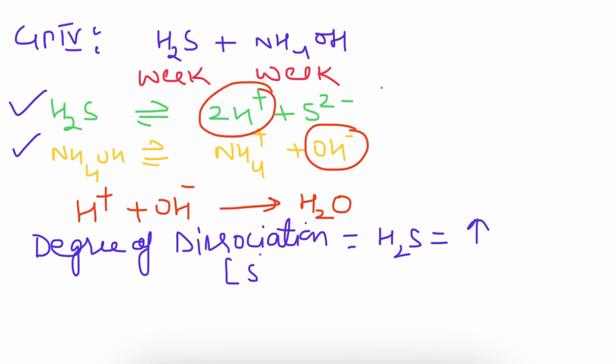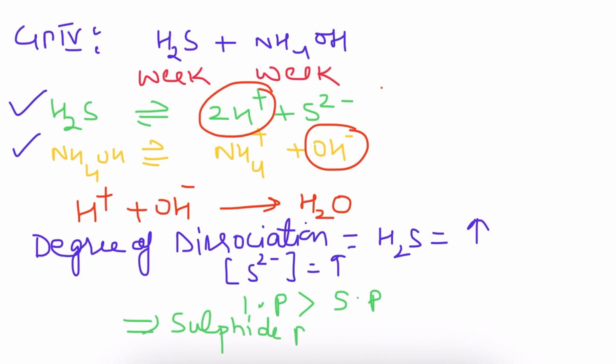This results in an increase in sulfide ion concentration. As the sulfide ion concentration required for group 4 radicals is more than that for group 2, in this case the ionic product, with the higher concentration of sulfide ion, is more than the solubility product, and results in the formation of sulfide precipitate of group 4 radicals.